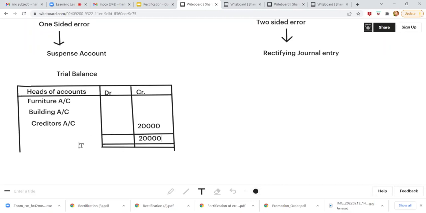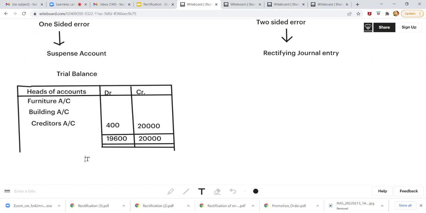And now let's say we have so many debit amounts, but in total the debit side becomes 19,600. So we are short with how much amount? We are short with 400 in the debit side.